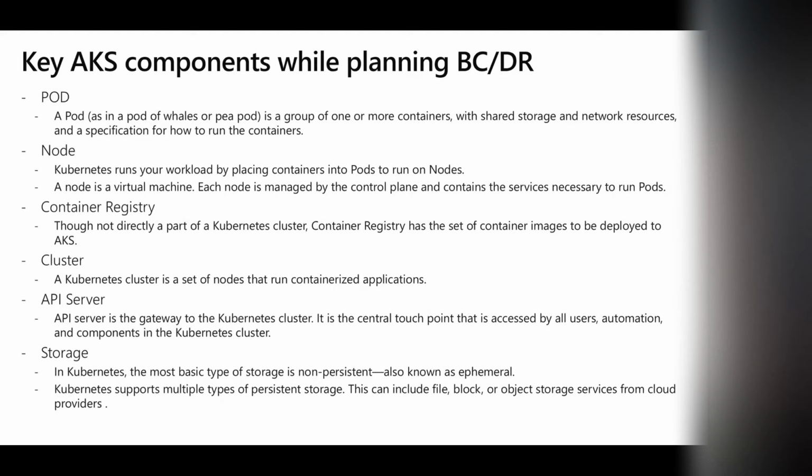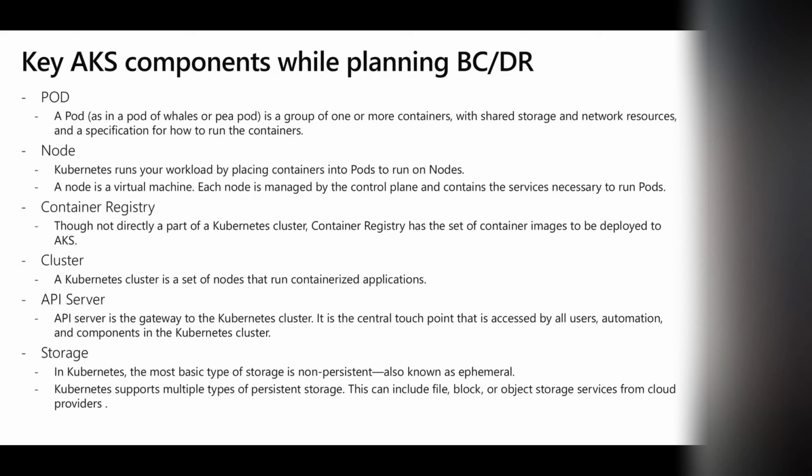It is there because you will be deploying your image from a container registry, unless it's a demo application. The image will be stored there as you are containerizing your application and making updates to it. So it is important to think about what the impact on the registry will be if you fail over. In Azure, you will be using Azure Container Registry, so we are talking in that context.